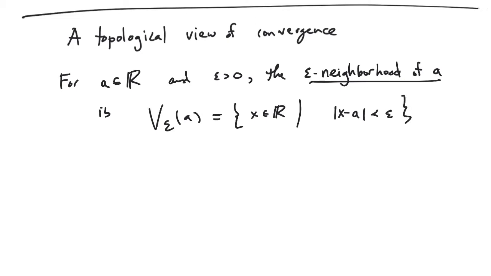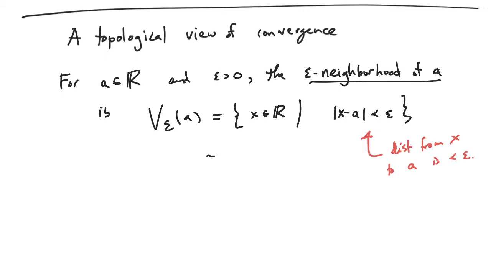It's called the epsilon neighborhood. Your interpretation of the right side should be that the distance from x to A is less than epsilon, right? So these are all the points which are close to A. How close? Within epsilon, whatever epsilon is.